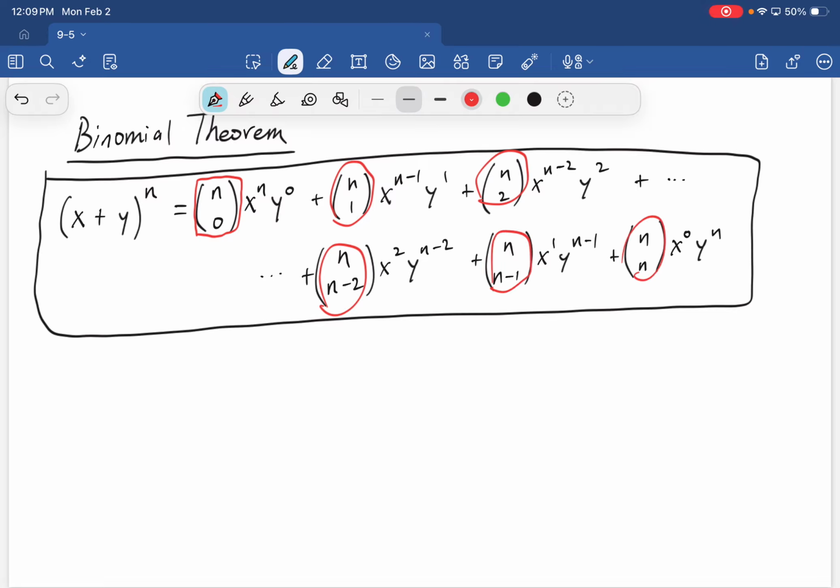Let's say we had x minus 2y cubed. Okay? So this one's a little different, right? Because we don't have x plus y anymore. But we can think about, x is in the x position, and now we have a negative 2y in the y position. So we apply the same formula, except we replace y with negative 2y. Okay?